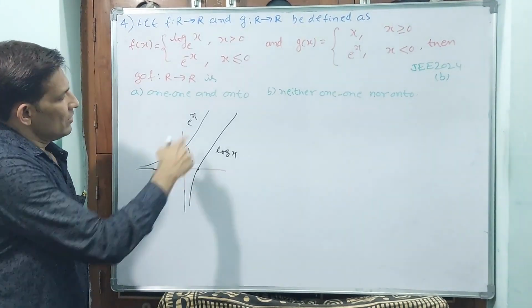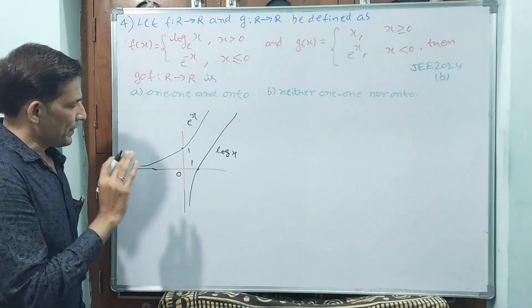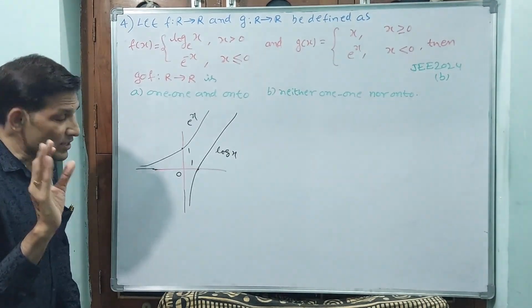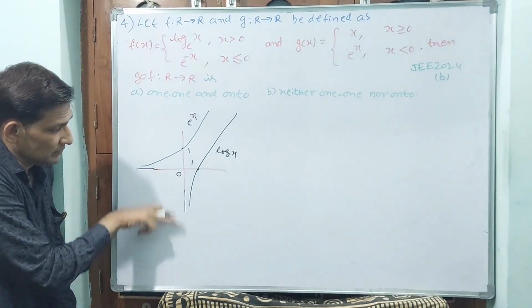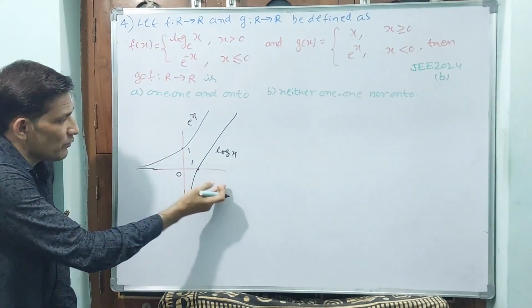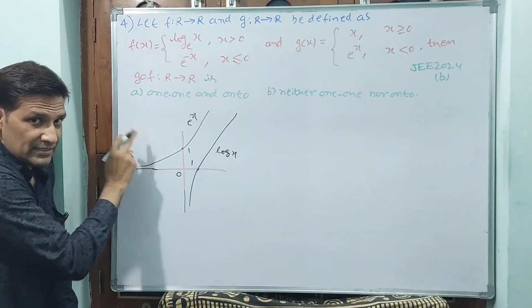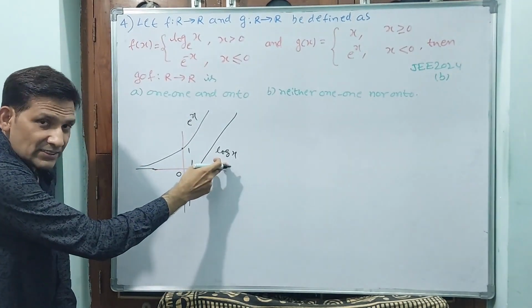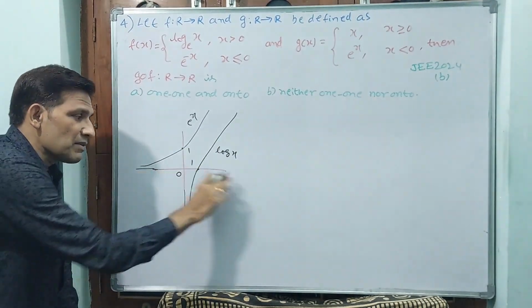Both are vice versa like that. One thing you have to observe: e power x can never have a negative output. You can give negative and positive x as input, but y will always be on the positive side only. And for log x, the output may be negative or positive, but the input will always be positive.